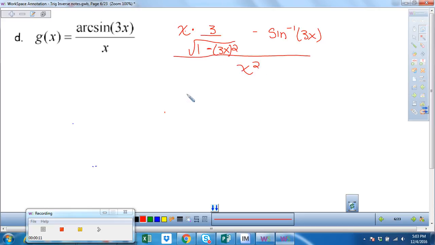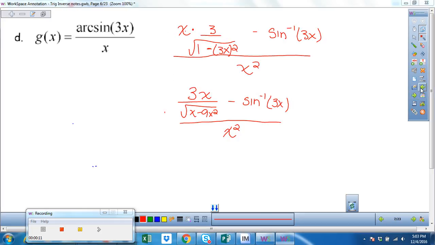So we could clean that up, not much. I'd probably just write it as 3x over the square root of 1 minus 9x squared, minus sine inverse of 3x, and then that quantity all over x squared. If you want to make that nicer than that, you go right ahead.